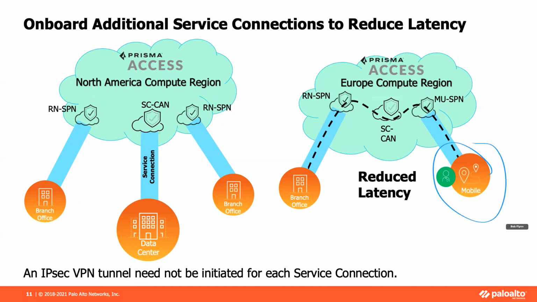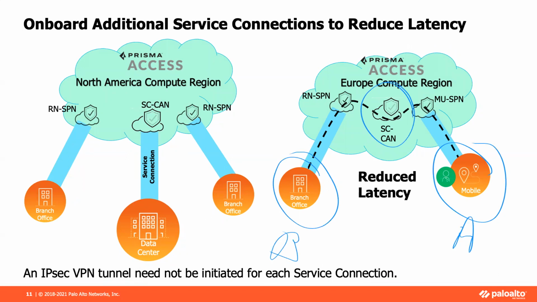To get from point A here on the right to point B on the left, let's go the shortest way. So let's deploy a corporate access node in that region, because we have mobile users in that region that need to talk to people in branch offices.